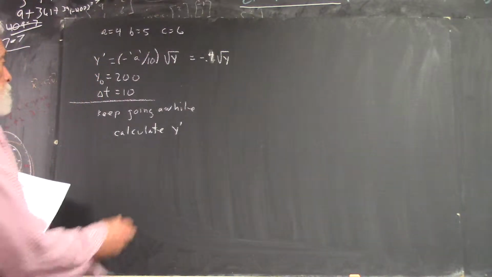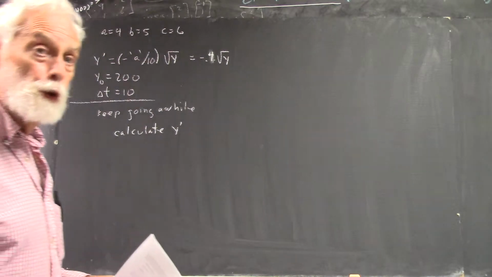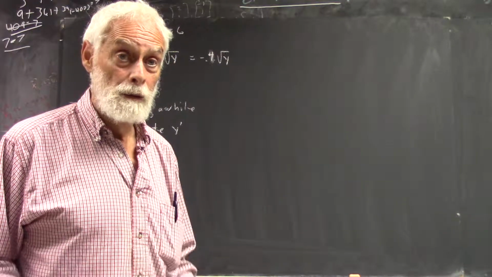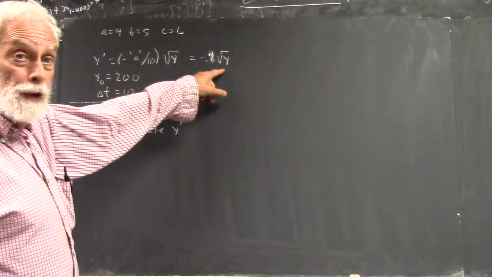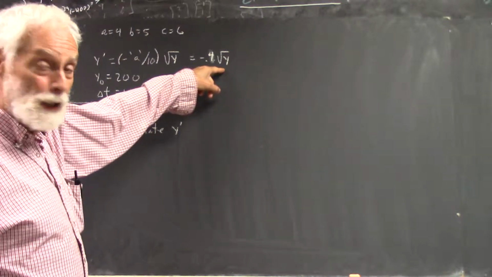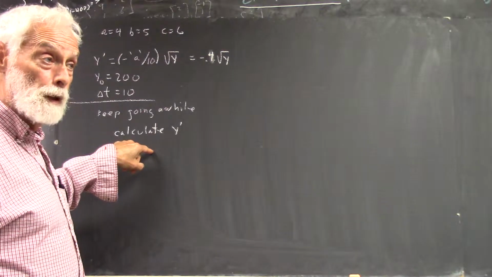Okay, so anyhow, calculate y prime. That's your first step. Can we do that? Yeah. How are we going to do that? Plug in. Well, y is 200. We can plug in there, and boy, we didn't have any trouble doing that, did we? Okay, that's really easy. So, yeah, we do that. We calculate y prime.